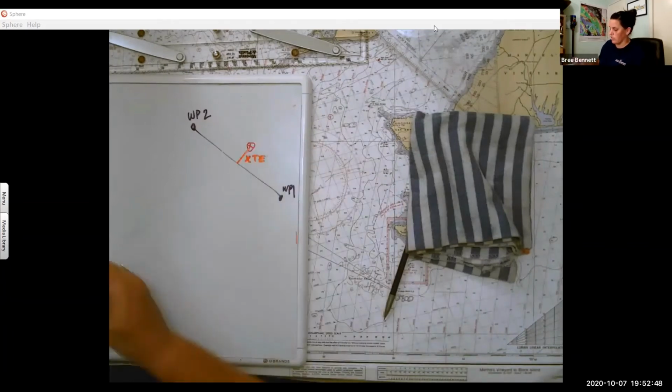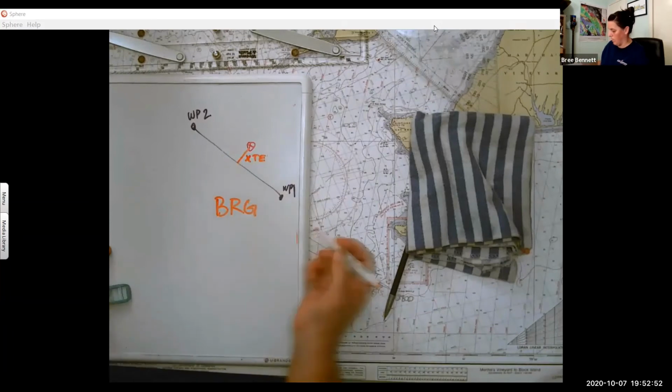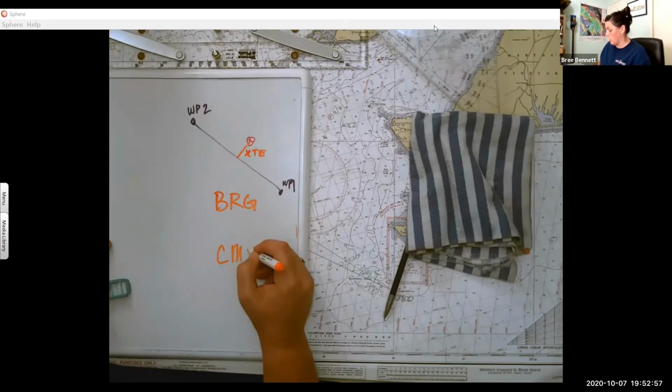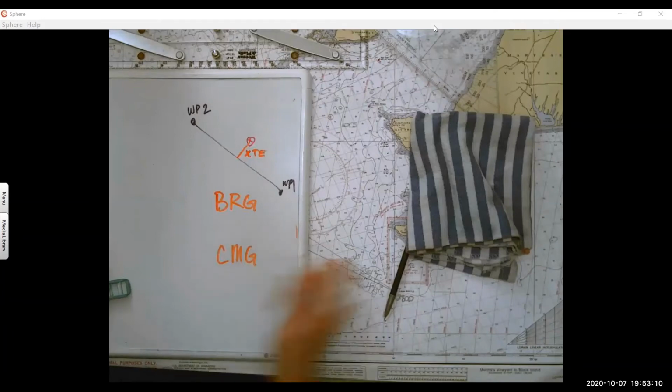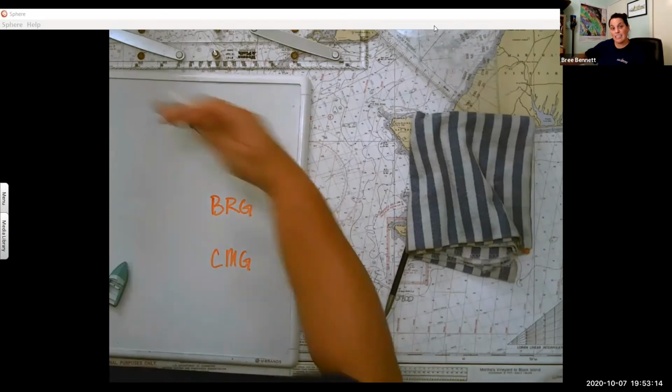So on your GPS, you have typically a bearing and a course made good. My bearing to that next waypoint is going to be less, right?